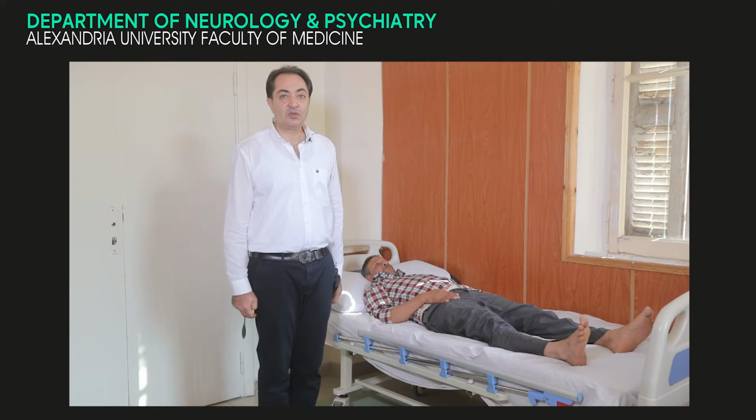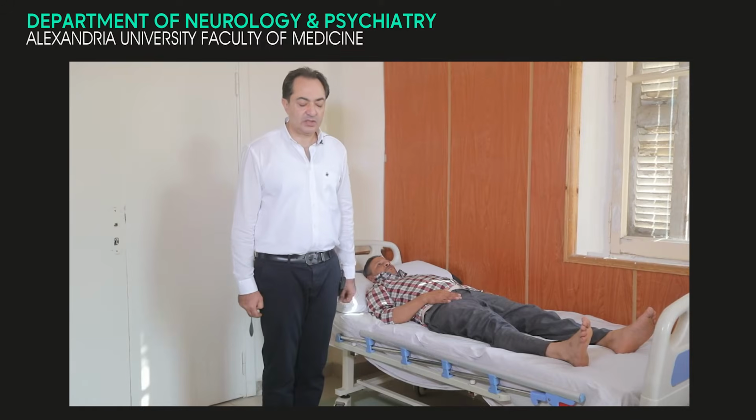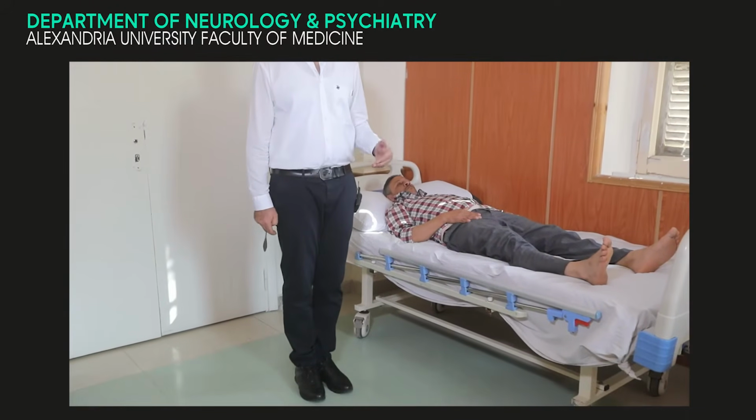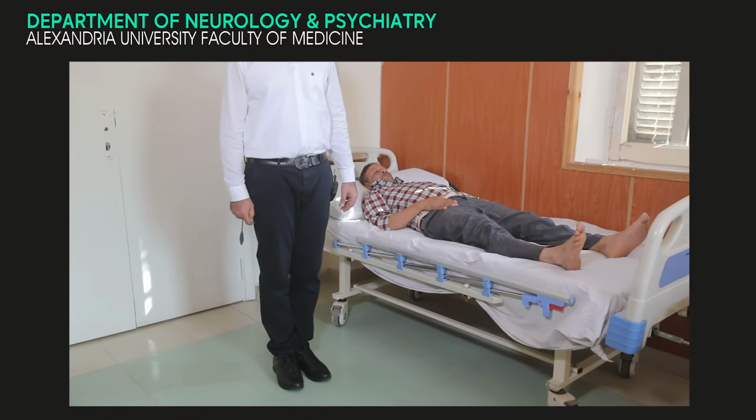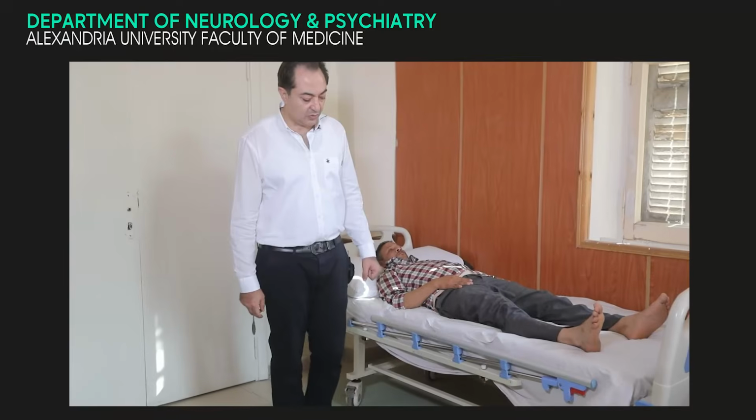But if he starts to sway from the beginning with his eyes open, this is a cerebellar problem. When the patient sways on closing the eyes, it is called a positive Romberg's test, and it indicates abnormal deep sensation in the lower limbs. Then we should examine the gait of the patient, as it can indicate what the problem is.